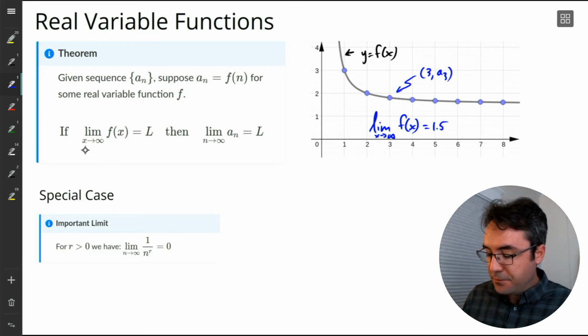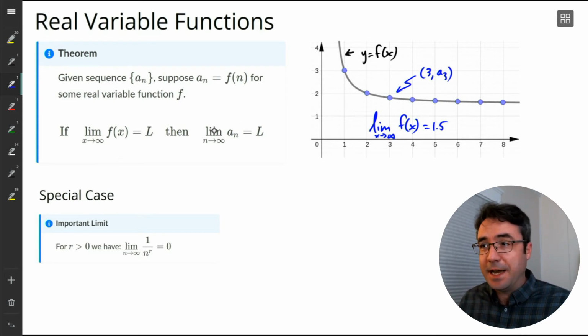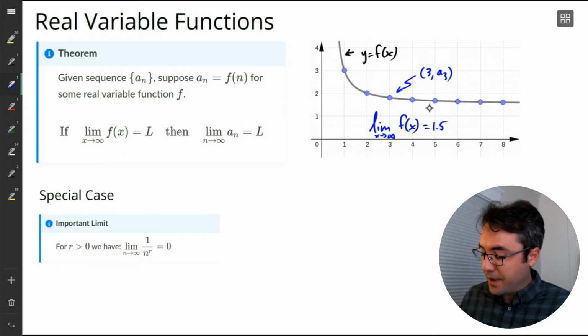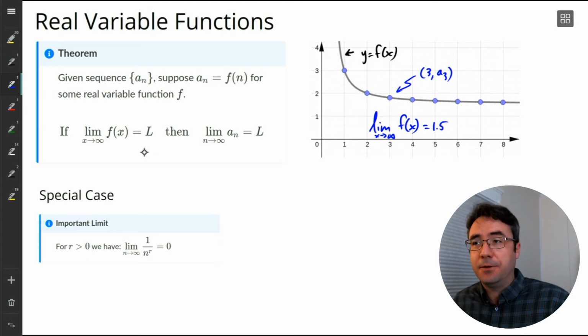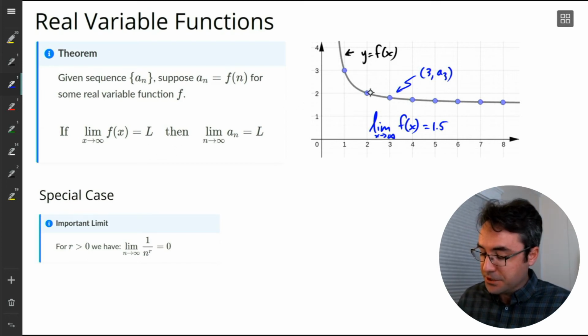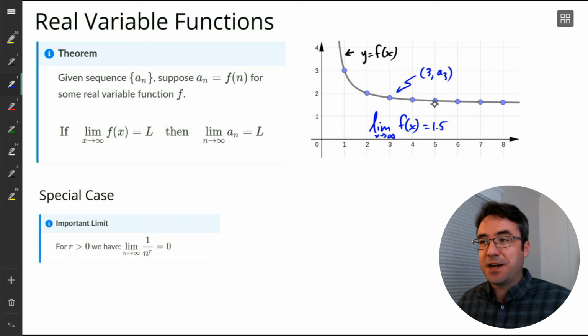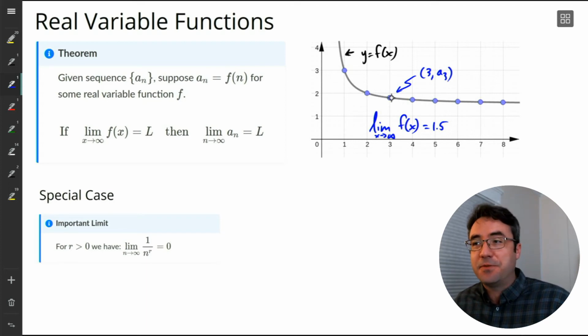And so if we know the limit of our function is equal to L, so this curve, as x goes further and further to the right, approaches the number L, or approaches that horizontal asymptote y equals L, well then all of those discrete points, they're kind of stuck. They have to go with it. So they're going with the function. So they're going to approach that same number L as well.